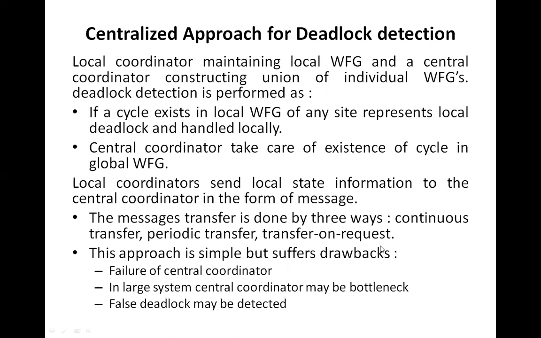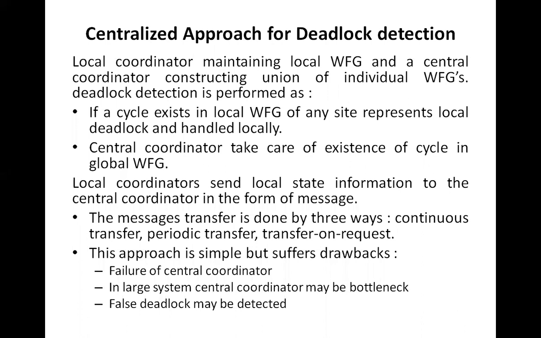So in this approach, there are two parts. The first is if there is a cycle existing in the local wait-for graph at any site, it represents a local deadlock.